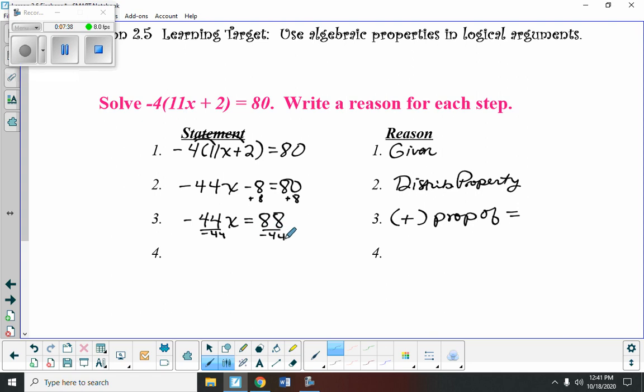Okay, and you always write what you end up with. So you'd end up with x equals -2. And what did we do? We divided. So that's the division property of equality. So we just justified each step in how we solve that equation for x.